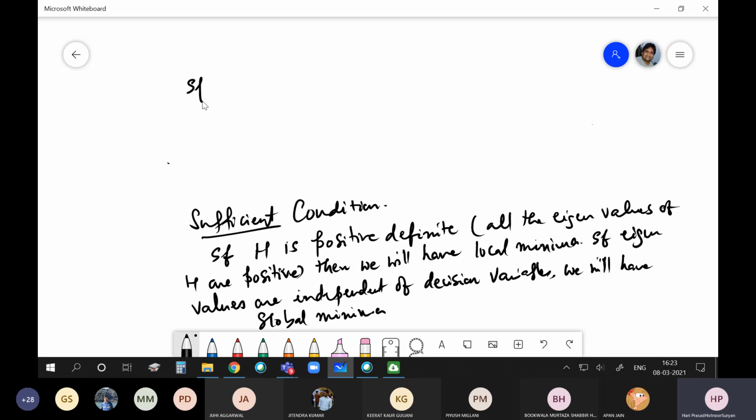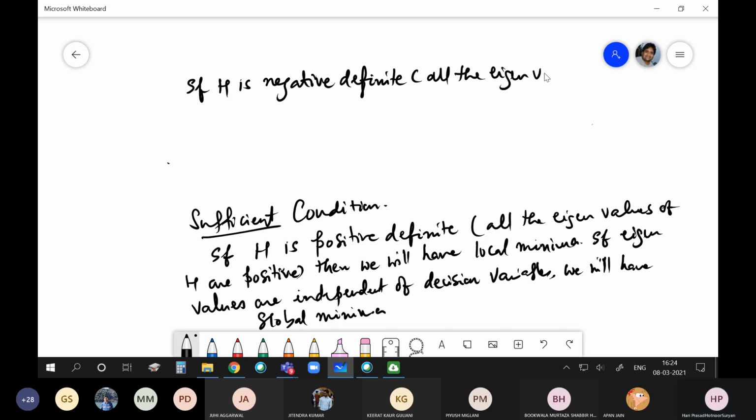If H is negative definite, that means all the eigenvalues are negative, then we will have a local maxima.